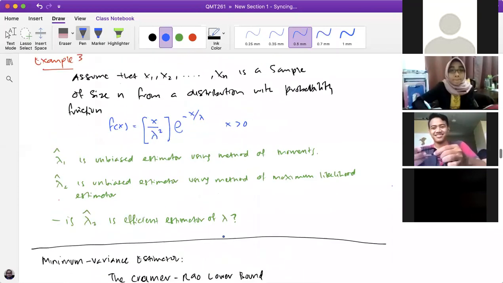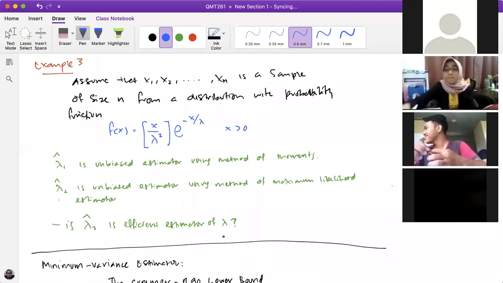Right. So this one, I put as example number 3.